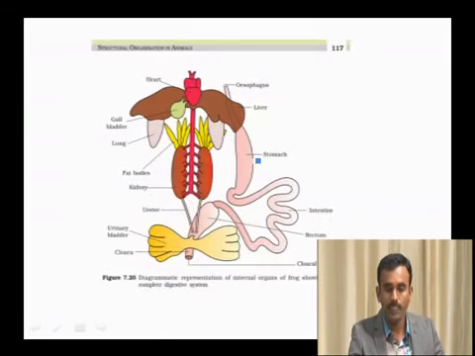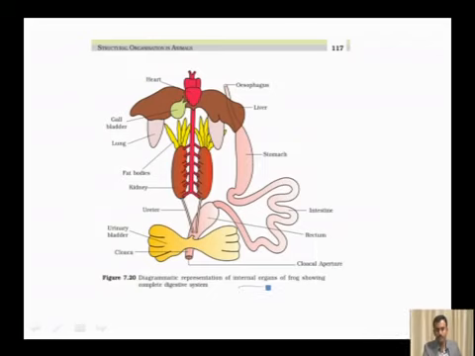Move on to the next anatomical characters of the next important animal, frog. This diagram shows the complete digestive system, excretory system and also a brief circulatory system of frog.